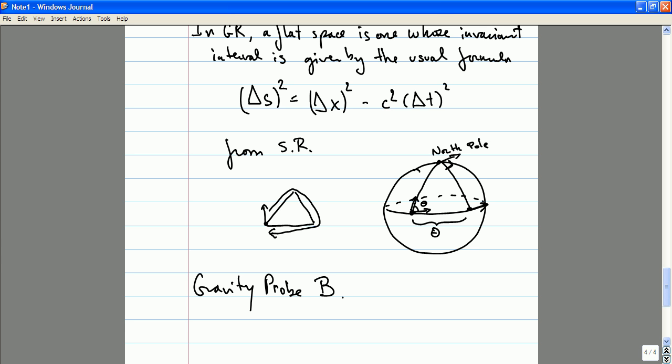For example, every time you use your GPS and you get an answer that is within a kilometer of where it should be, your GPS has corrected for that version of the curvature of spacetime.